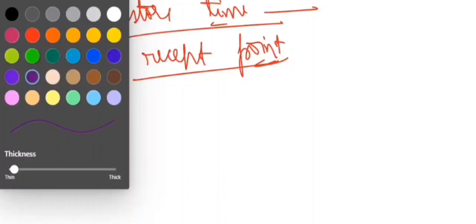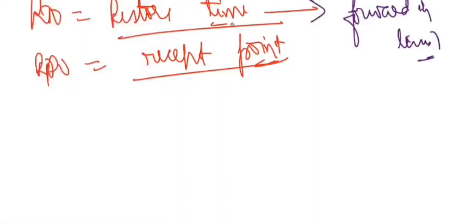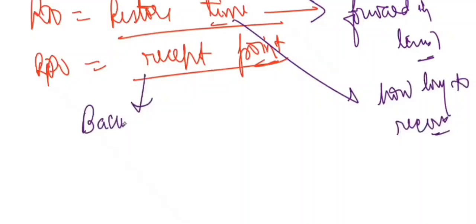Forward in time means how long to recover. You ask yourself, how long to recover? That's called RTO, recover time, restore time. And RPO means backward in time. That's the difference. RTO is forward in time, how long it will take to recover, and RPO is backward in time, which means how much data is lost.